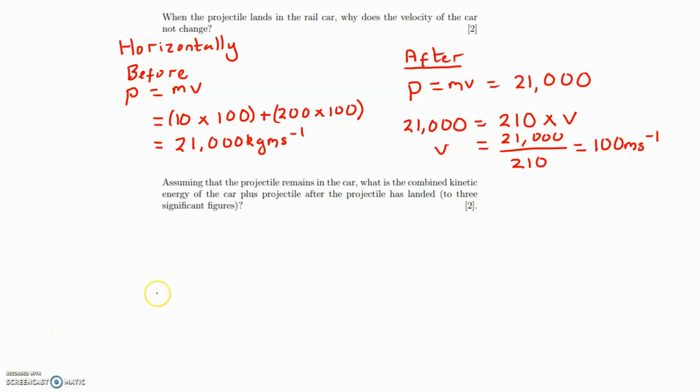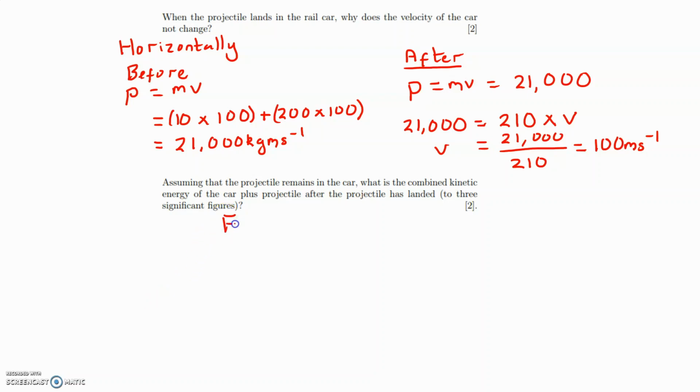And moving on to the final part of this question, assuming that the projectile remains in the car, what is the combined kinetic energy of the car plus projectile after the projectile has landed? To three significant figures.